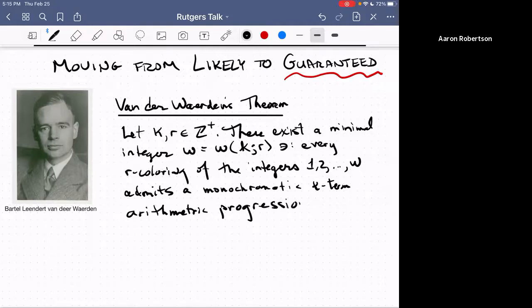So in the Bible code, if I'm looking for, say, the word math, in order to apply van der Waerden's theorem, I would have to consider M, A, T, and H to be all the same color.